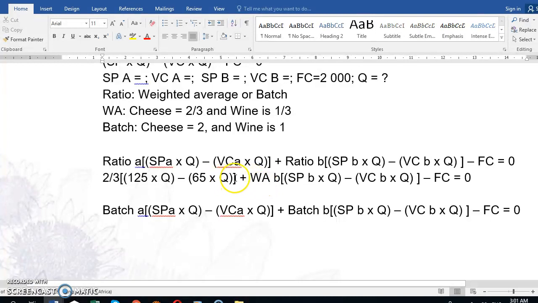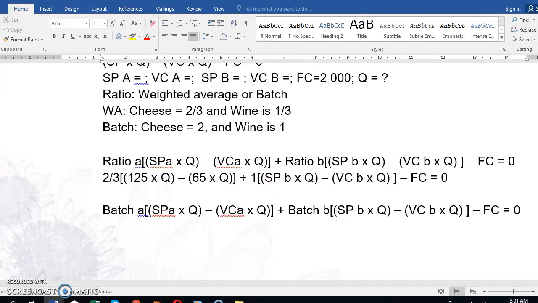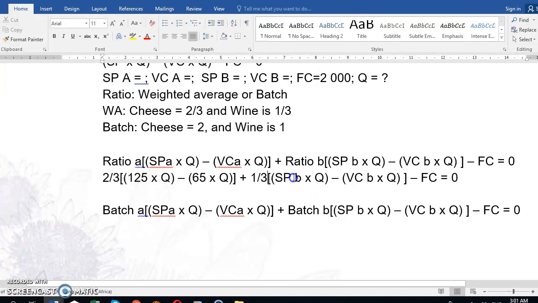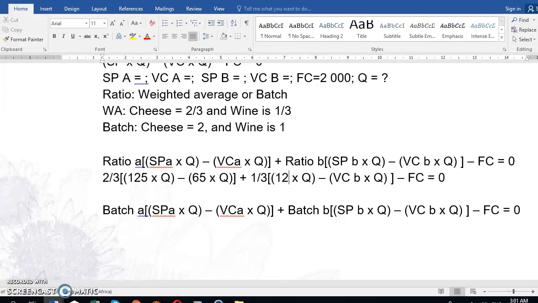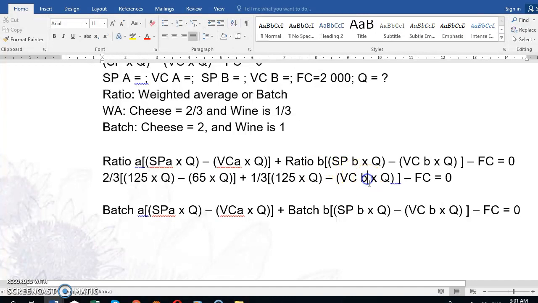Then the weighted average for product B, the wine tour, is 1/3. The selling price is irrespective of wine or cheese, it's still 125. The variable cost for the wine tour is 80, and the fixed cost is 2000.